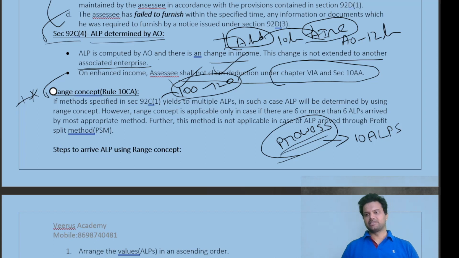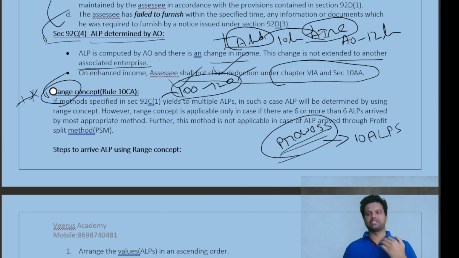Now you will get a question: just around 5 minutes back, I told you that if there are multiple ALPs, then you apply the arithmetical mean to arrive at the right ALP. Right? I told you that. Here I am saying that if you are getting 10 ALPs, then you apply the concept of range. If the arithmetical mean provision is already available, why is this concept of range relevant?